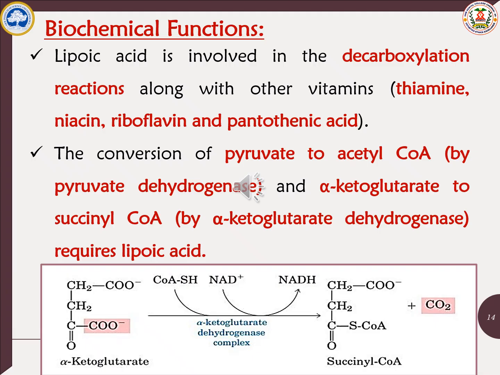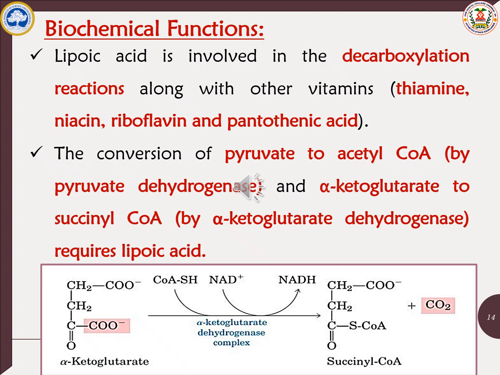Here the picture shows the conversion of alpha ketoglutarate to succinyl CoA. The enzyme required is the alpha ketoglutarate dehydrogenase complex.